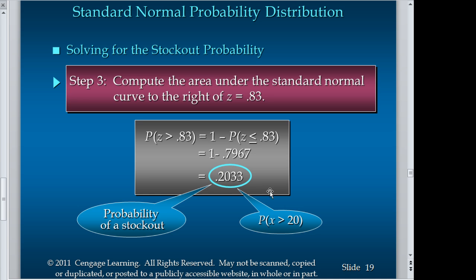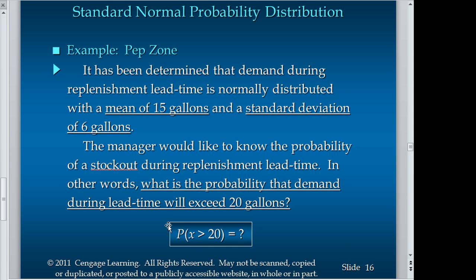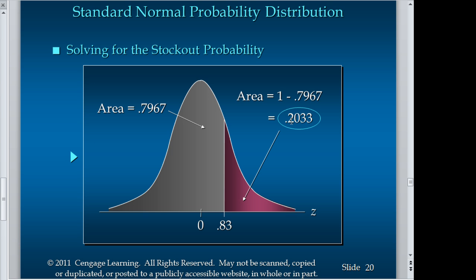This is your proportion. That shaded area right there is going to be 0.2033. Which means you have about a 20% chance that it's going to be more than what? This was the original question, that it will exceed 20 gallons. How many percent chance? You have a 20% chance, right?